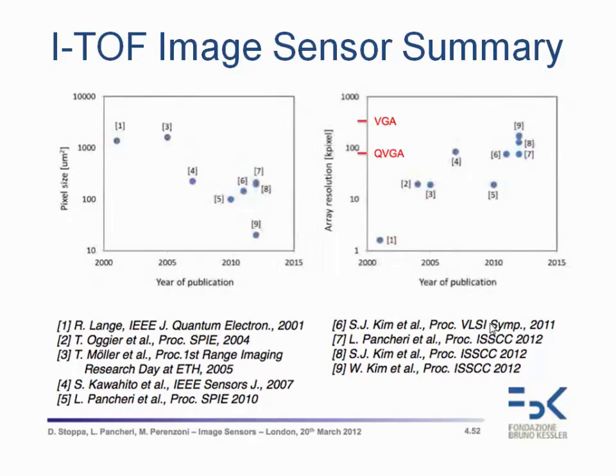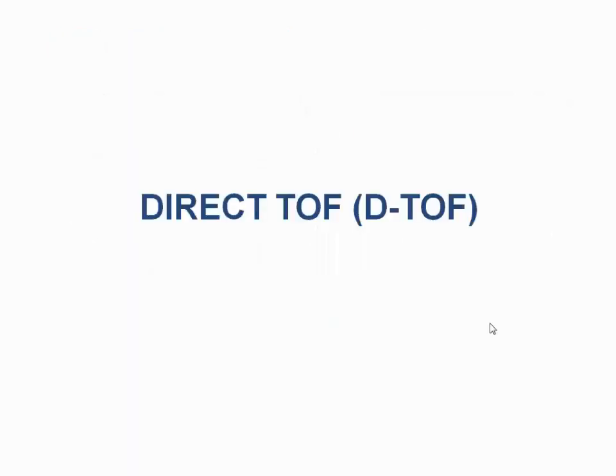So this slide, actually provided by David, is a nice summary of what has been done in I-TOF imaging in the last 15 years. And you can probably recognize here some of the authors that eventually led to detectors that are currently present in commercial designs.